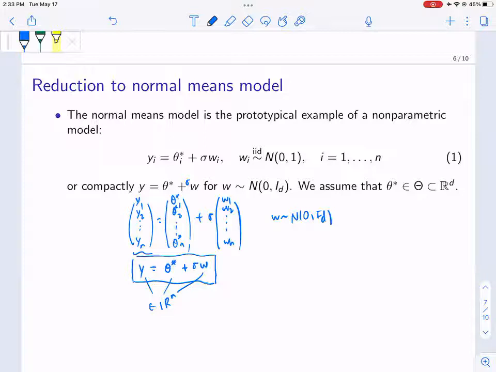Ian Johnstone, yeah. Okay, so it's interesting. This model is related to this guy. He has written a book on normal means models.